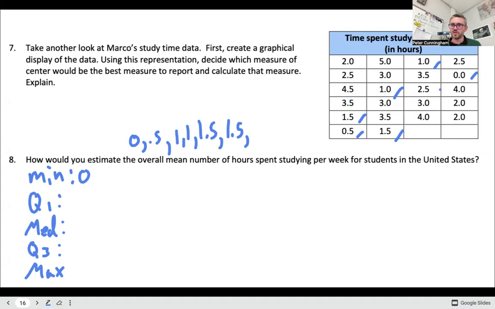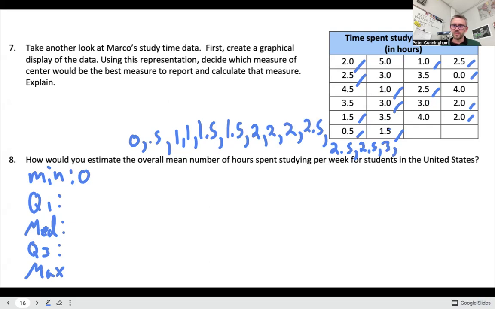All right, 2.0. We got 3 of those. Any 2.5s? Yes. 2.5. Another 2.5. Another 2.5. All right, we got any 3.0s?